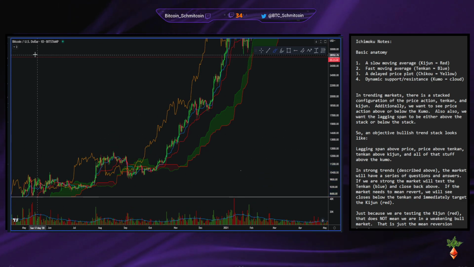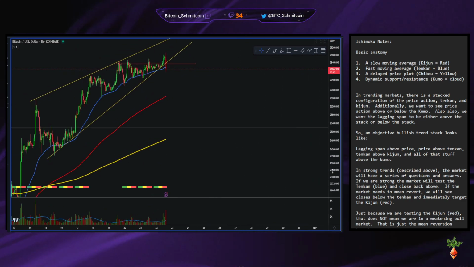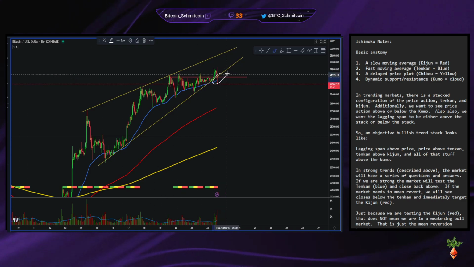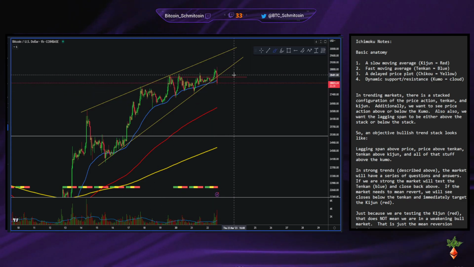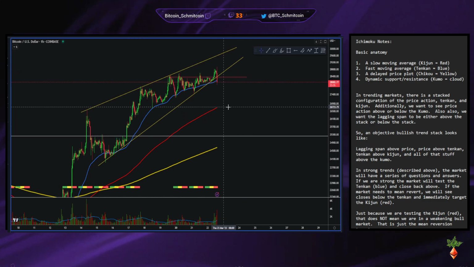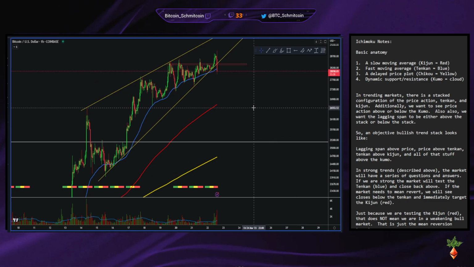I'm going to go back to my rising wedge chart. Let's see. Oh, it's starting to break out of the rising wedge here. We'll check back in on it in a sec. Might be a fake out. We'll have to wait for the close, which is in 30 minutes.